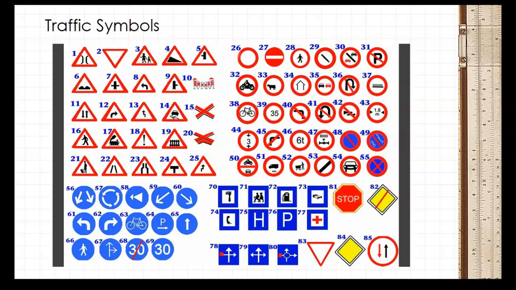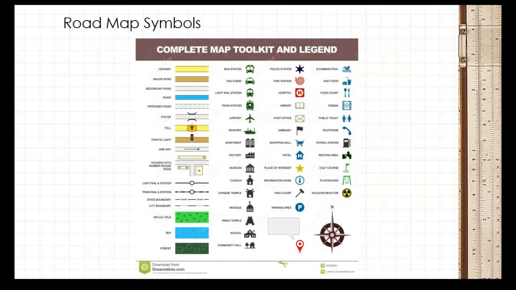How do we know that? Because we constantly see that symbol paired with the words do not enter or wrong way. So these are used frequently to tell us information we need to know. Roadmap symbols. When's the last time any of y'all actually opened a map? There wasn't a Google map.